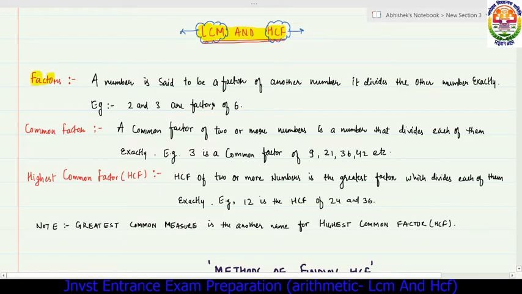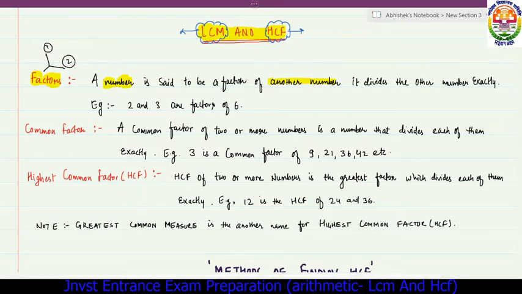First of all, we will learn about factors. To find factors we need at least 2 numbers; with only 1 number we cannot find the factors.